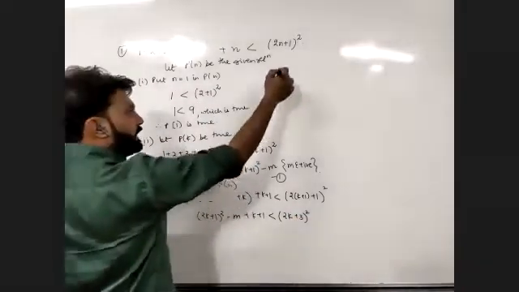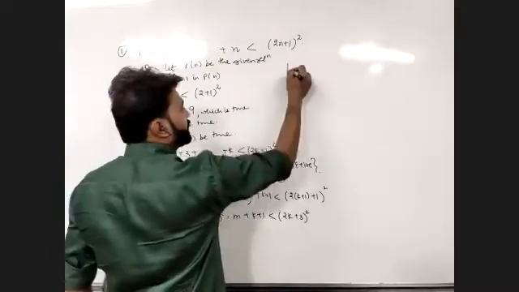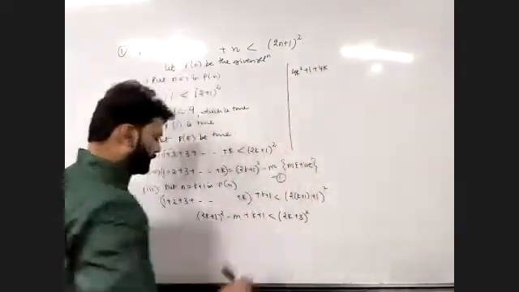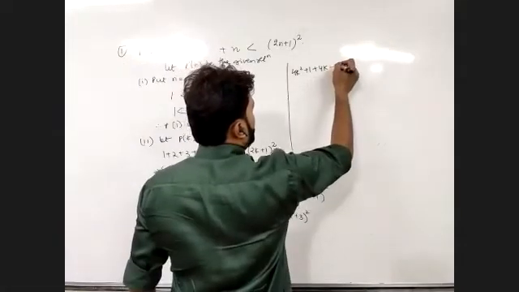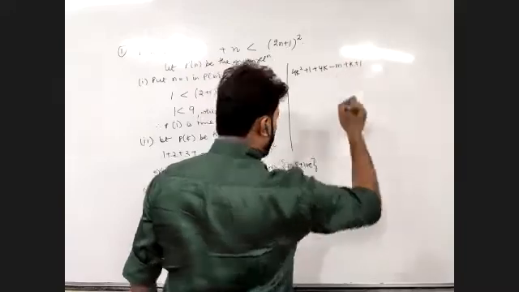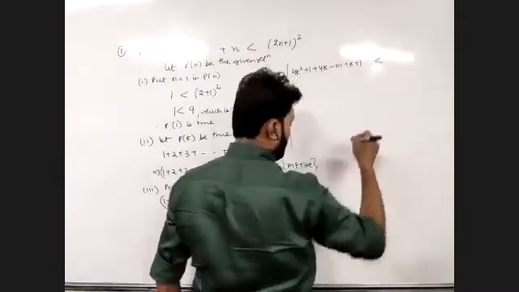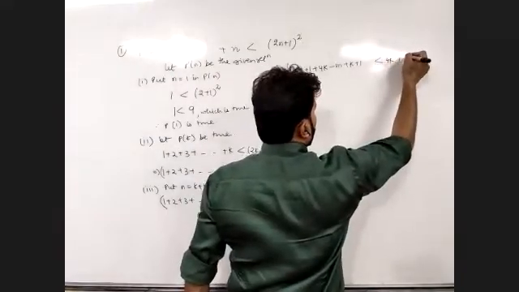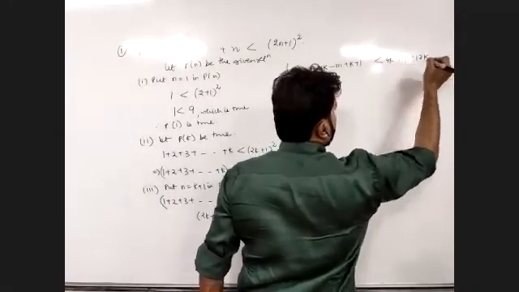Now please analyze what we are getting. Let's open this whole square over here. So this will be 4k square plus 1 plus 4k, minus m plus k plus 1. And this whole expression is less than, let's open this whole square also, 4k square plus 9 plus 12k.